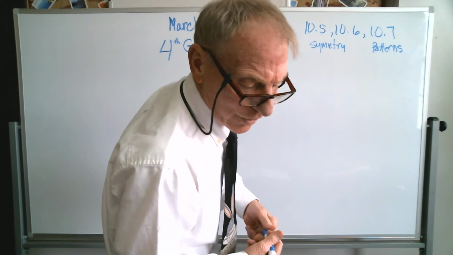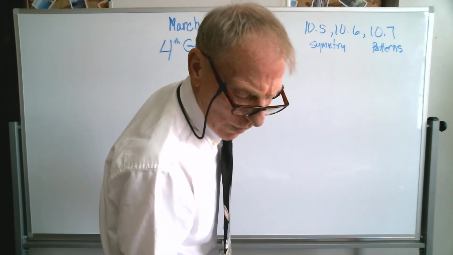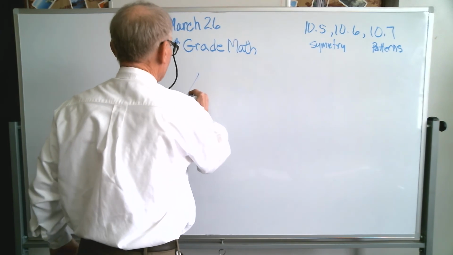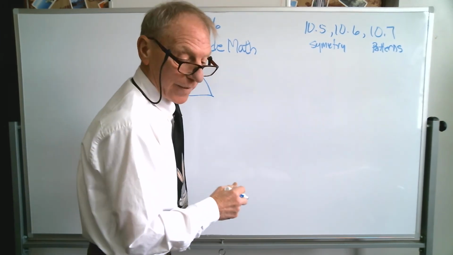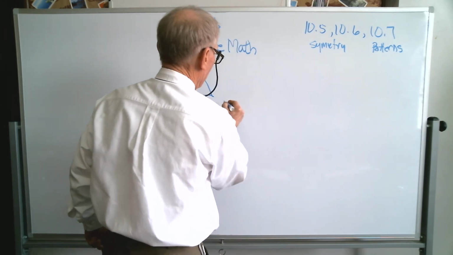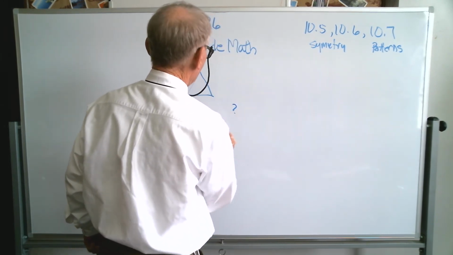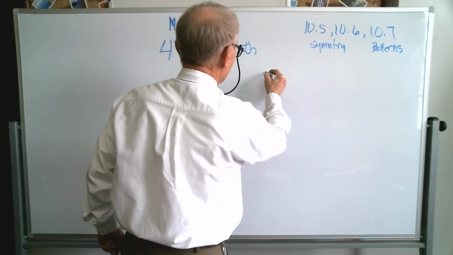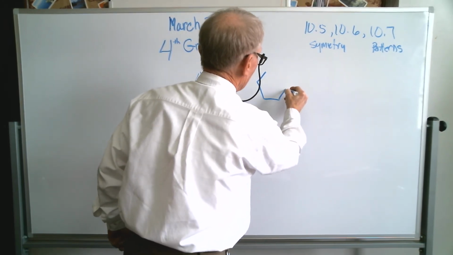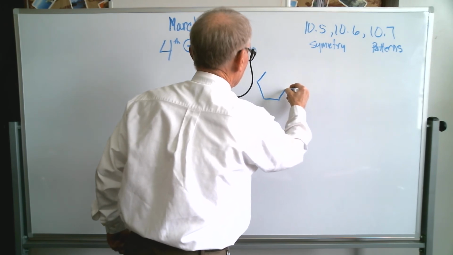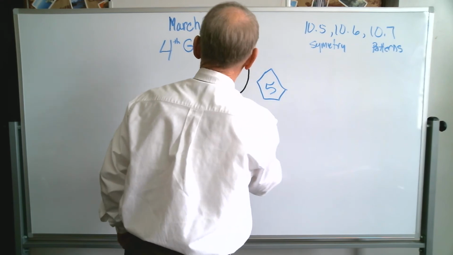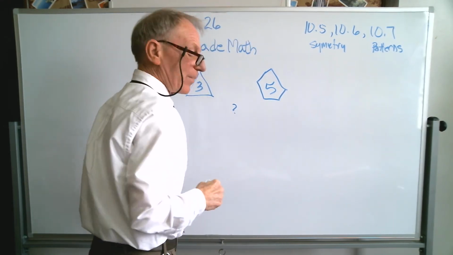And we're just going to do problem number 1 on page 589. They start with the triangle. And then there's a missing part. So this one's missing. The next shape is a pentagon. And that has 5 sides. This has 3.